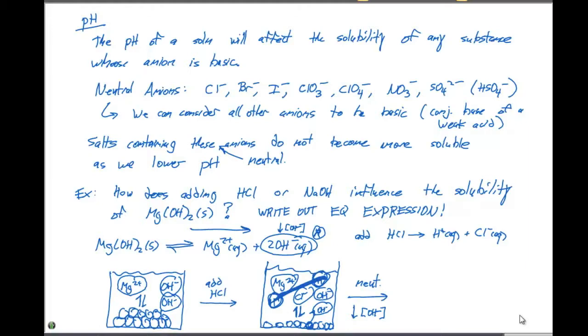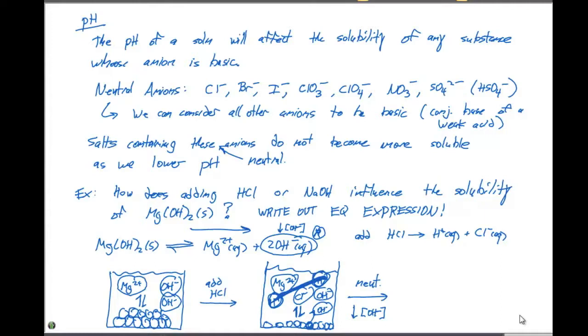This is going to be dictated by the equilibrium constant, but in each case, when we add an acid and neutralize that OH-, the solid is going to start to dissolve. Same principle happened when we had the calcium iodate. If there's calcium iodate solid in there, and we remove something on the right-hand side in solution, the equilibrium is going to shift to the right, and the solid is going to begin to dissolve.